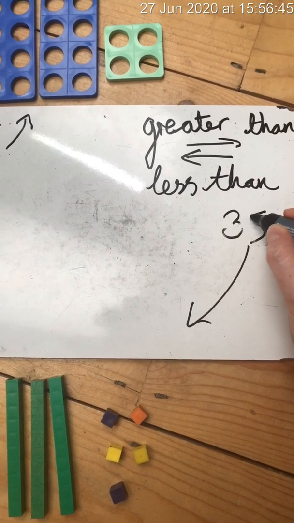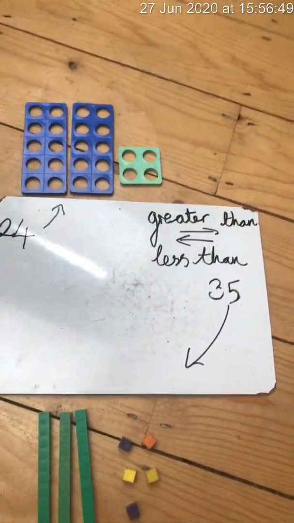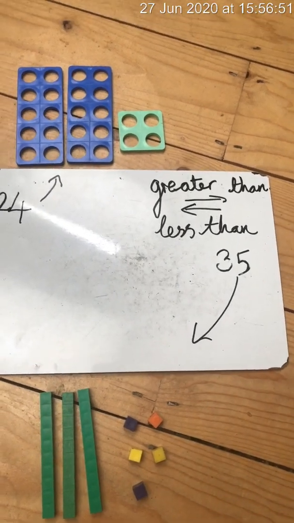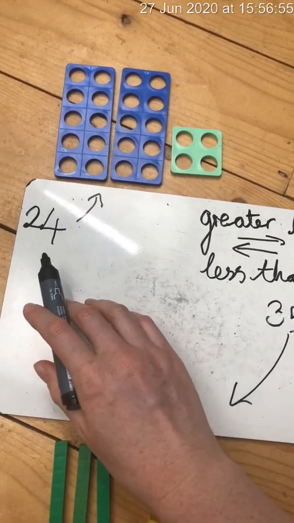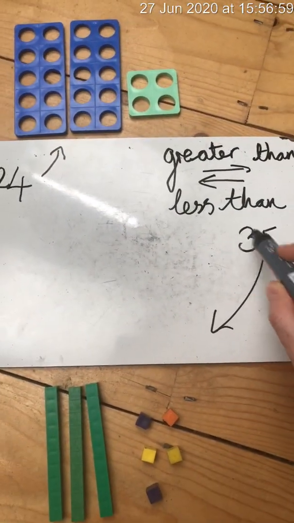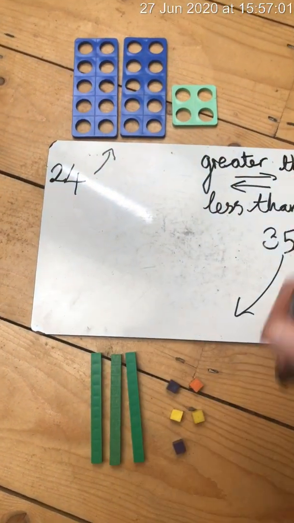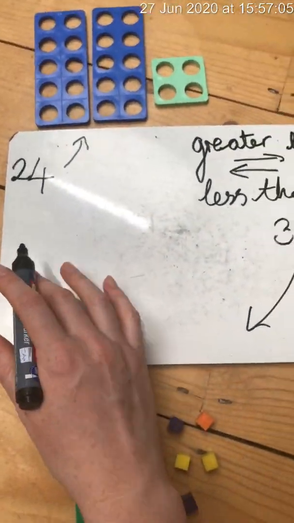Okay, oh, I've smudged my 35. Okay, so we use greater than for when a number is bigger and less than for when a number is smaller. Okay, so now we need to look at our numbers that our equipment is representing here and work out which ones are greater than and which ones are smaller.